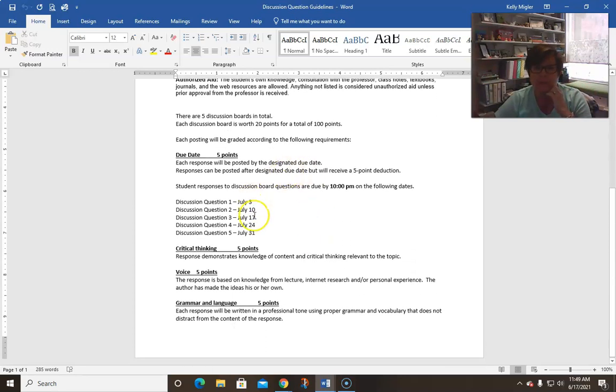Okay, so this gives you the breakdown of how they are graded. If you turn them in on time by 10 p.m. on the designated Saturday, you receive 5 points. I want to see your thoughts on the topics of the questions, okay? And these may be health issues that you have not thought of before.